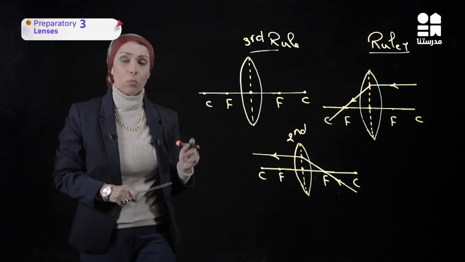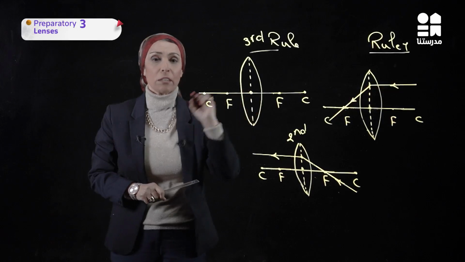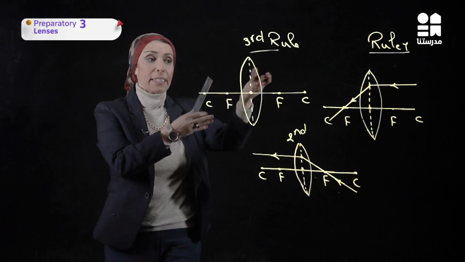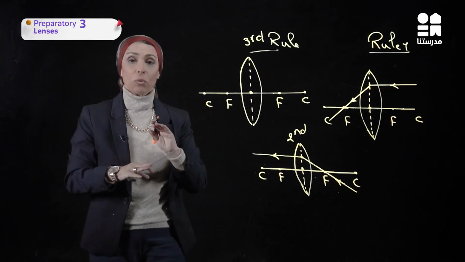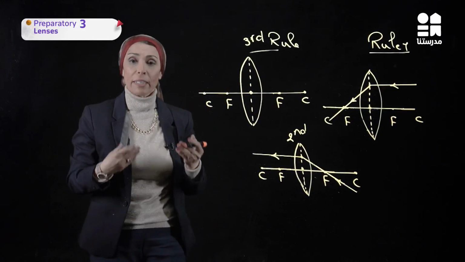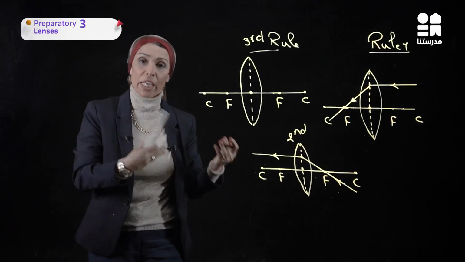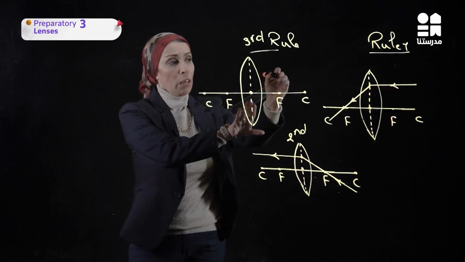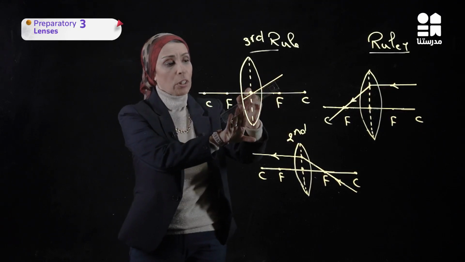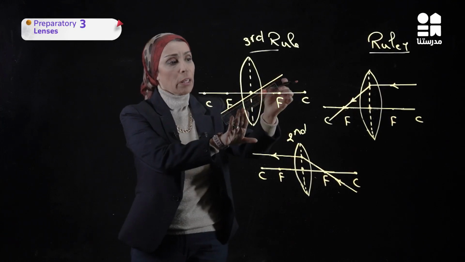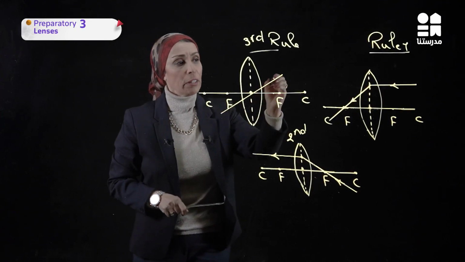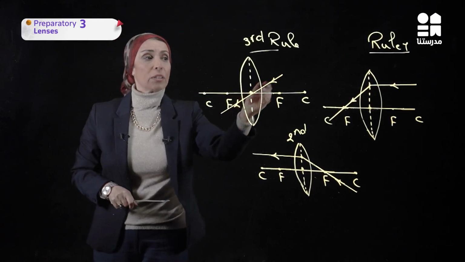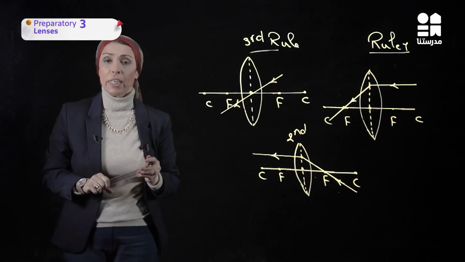Here, this line will pass by the optical center of the lens, the midpoint of the lens. What happens as it enters and goes outside? Without any refraction, and I can say without any deviation. Deviation means refraction. This is the line passing by the optical center, entering and going out from the lens without any refraction or any deviation.